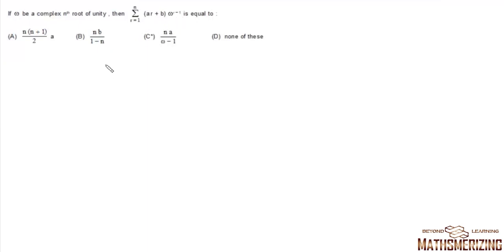Now we can split this sum as summation r varies from 1 to n of ar into omega to the power r minus 1, and then plus b into this summation r varies from 1 to n of omega to the power r minus 1. Now the sum of any n consecutive powers of omega is 0. So this second expression will be simply 0.